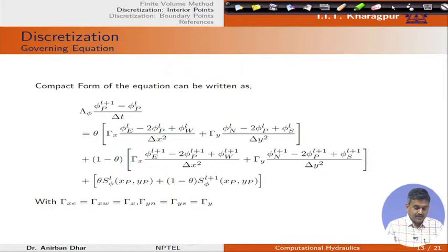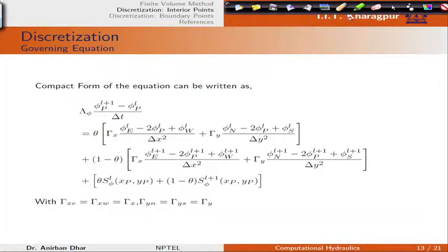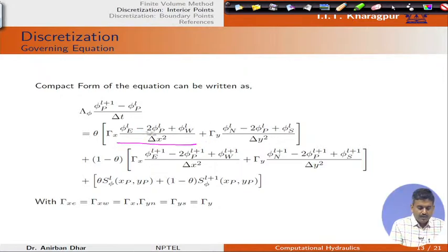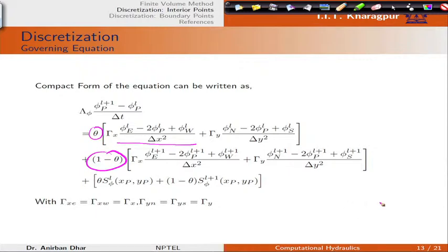If we combine this east west term, then this is basically phi e evaluated at the lth time step minus 2 phi p plus phi w, into del theta, and north minus 2 phi p plus s, evaluated for the south cell. So theta and 1 minus theta, these two weighted combinations are there.